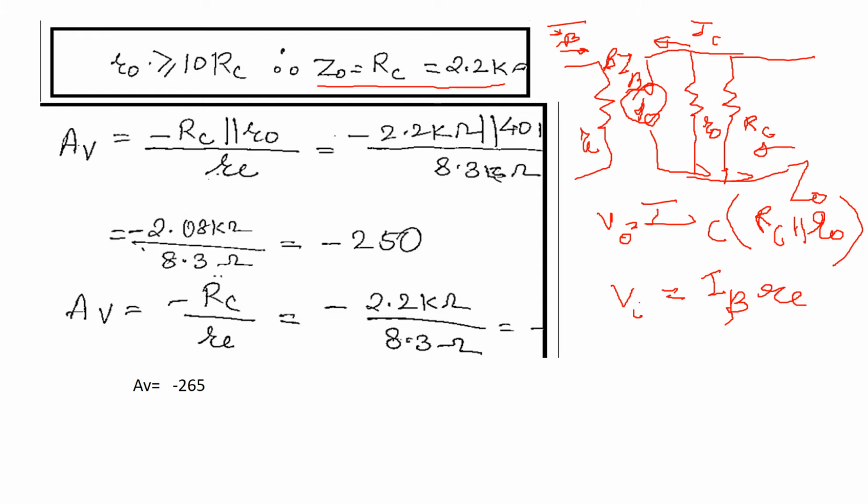Knowing V0 and Vi, you take the ratio of the output voltage upon input voltage. That will give you the voltage gain.